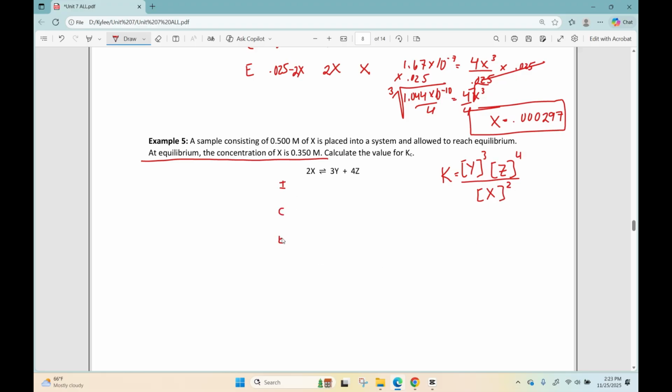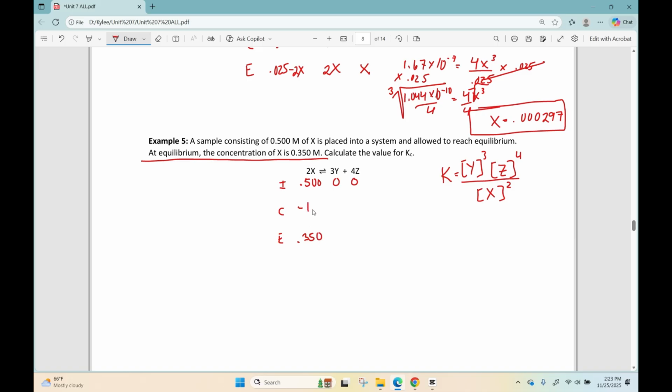Get my ice table set up. Initially, it says we have 0.5 of X, and at initial, we're going to have 0 and 0 of our products. And it says at equilibrium that X is 0.350.